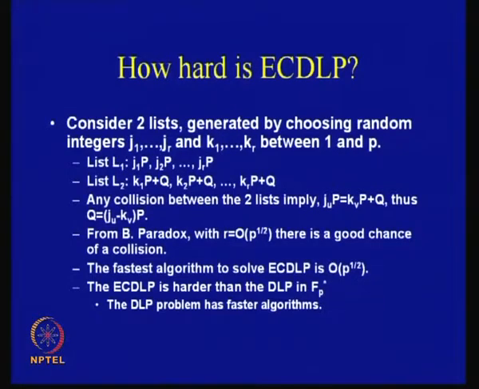So, therefore, the complexity was n to the power of 1 by 4, right. So, that was a faster kind of algorithm. Similarly, in the context of the elliptic curve discrete log problem, the fastest algorithm which has been found to solve it is of the order of P to the power of half.